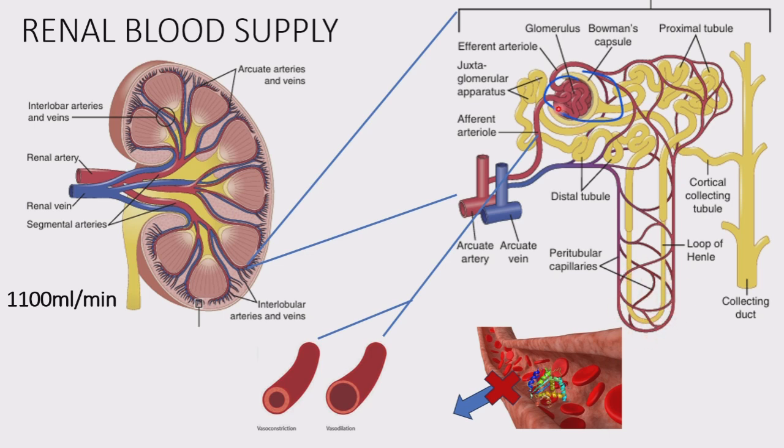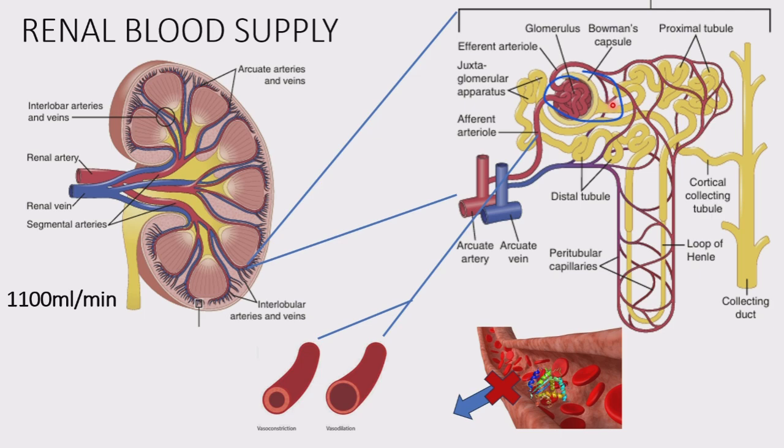The glomerular capillaries, they have a higher hydrostatic pressure. Basically, this is the force that pushes your fluid to move from the capillary to the Bowman's capsule. And we call that process filtration.